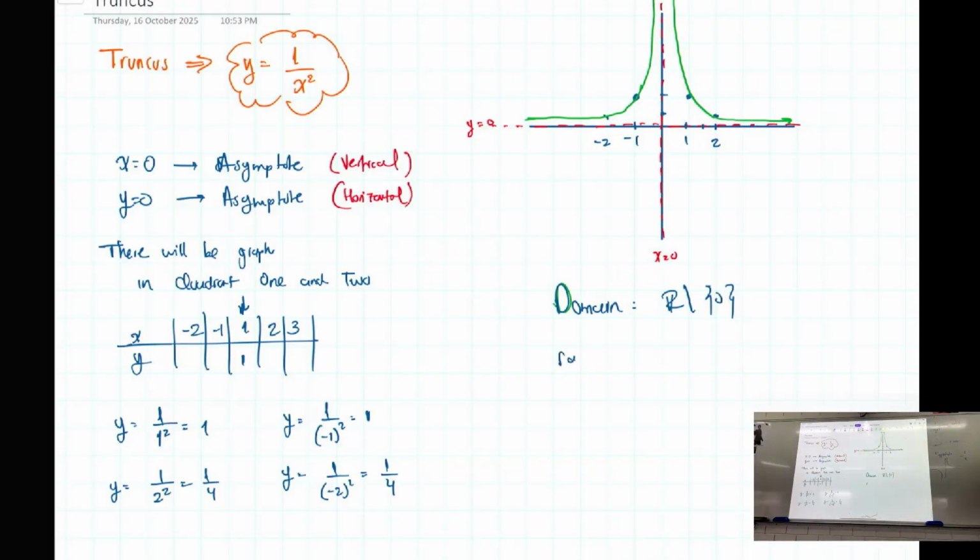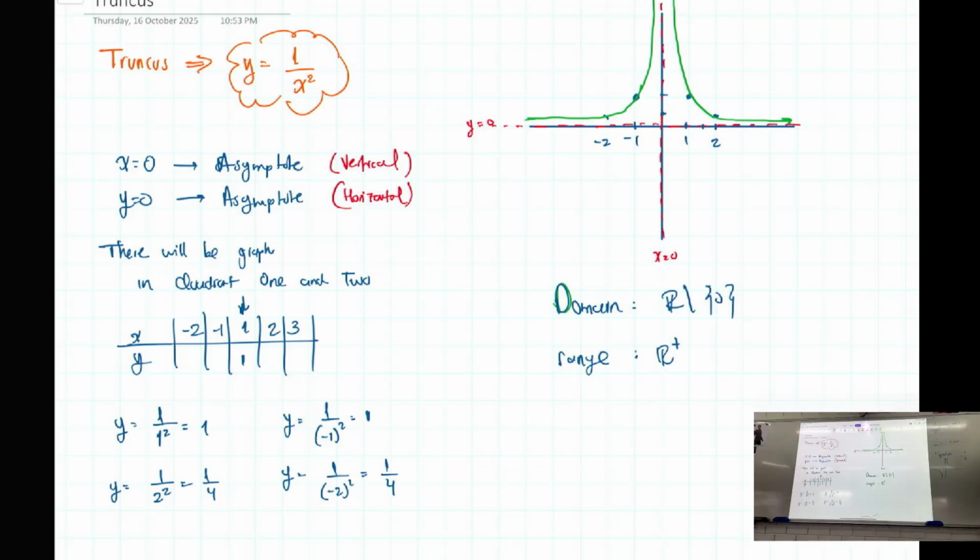How about my range? The range is the only one that's going to be different. No, because negative values on the range don't work. So which one then? Positive real numbers, because all the positive except which one?